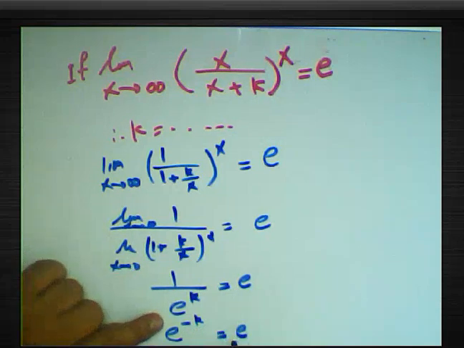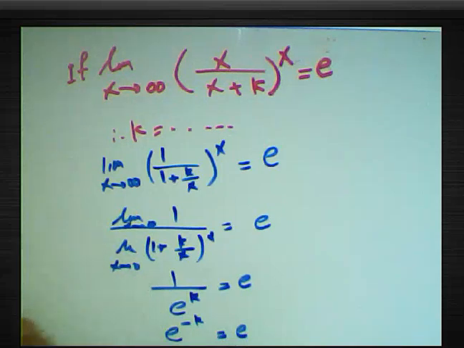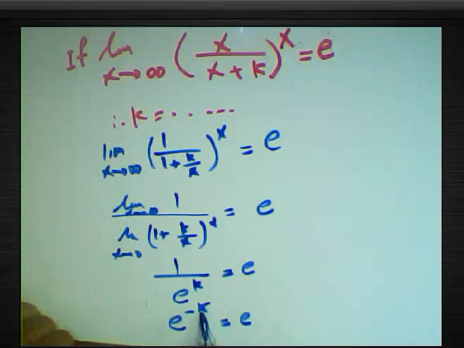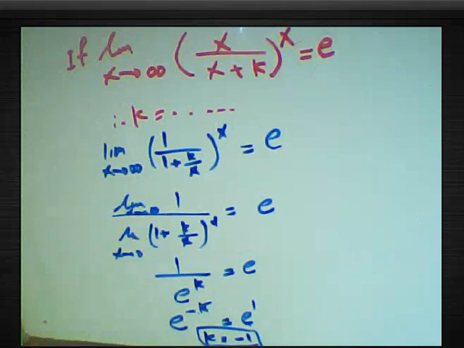I write e power k from the denominator to the numerator. So e power negative k will be equal to e. Then here k will be what? Negative k equals 1. The base equals the base, so the power equals the power. Then k will be equal to negative 1. Okay, understood?